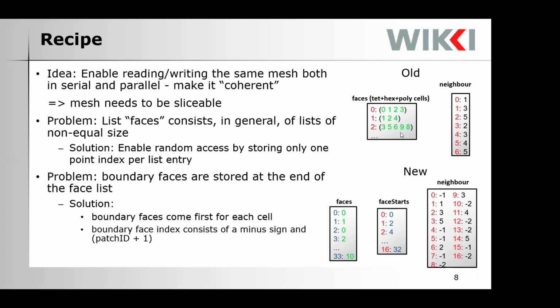I have to apologize that these lists do not coincide. Maybe we will have a look at this in the hands-on session. But this list is a list of points. So I have a point array, and in this point array, I have points 1, 2, and 4, which build this face.